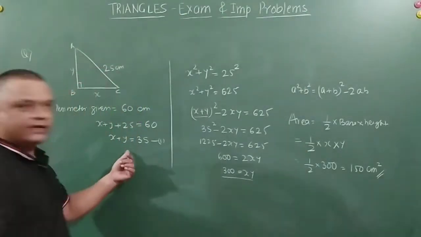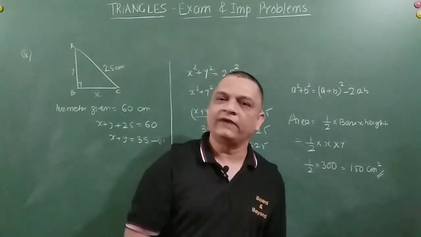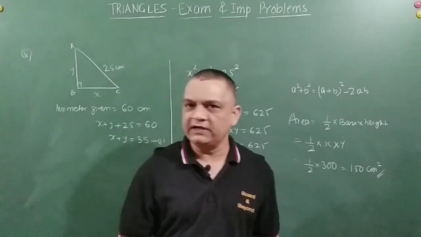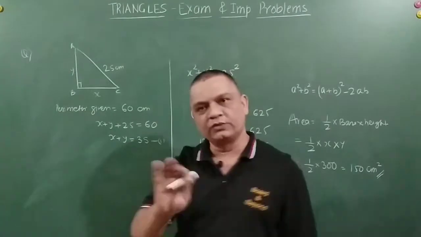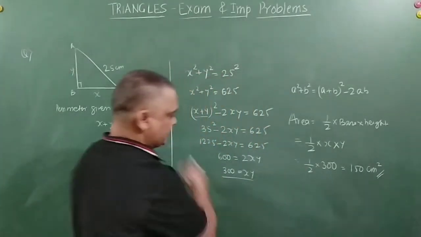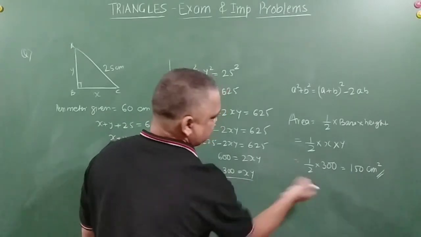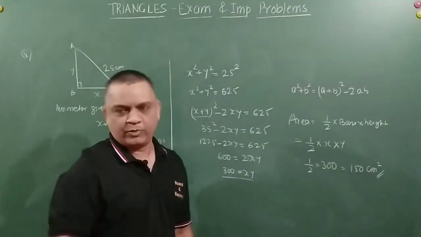Substitute it here, you will get a quadratic equation. Solve that quadratic equation, you will get a value of y, and substitute it here, you will get the value of x. So even if in the examination they ask you to find the value of x and y, you can do that. But here, as per this question, we were not required to find the value of x and y, so I didn't do it. Let's move on to the next problem.